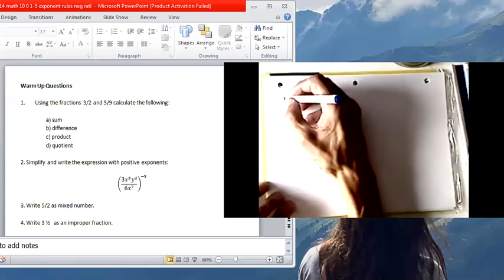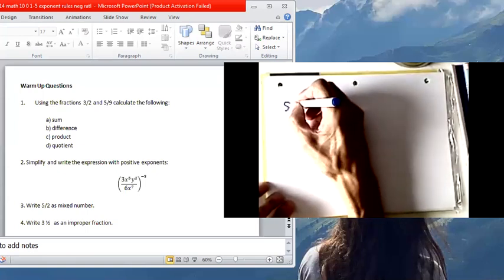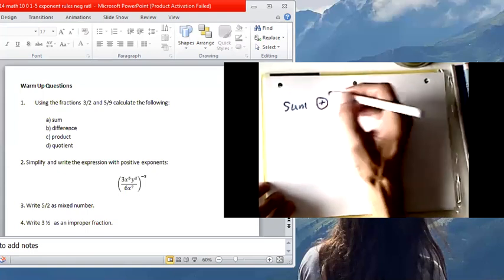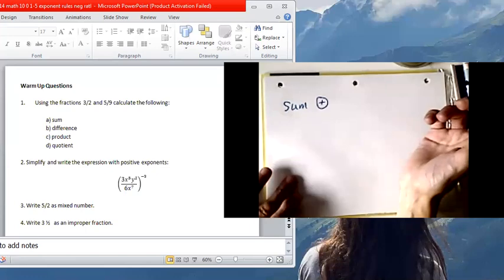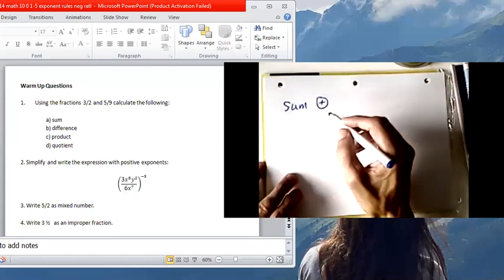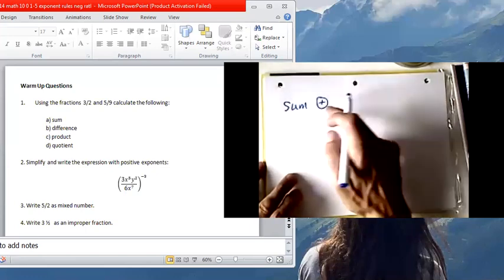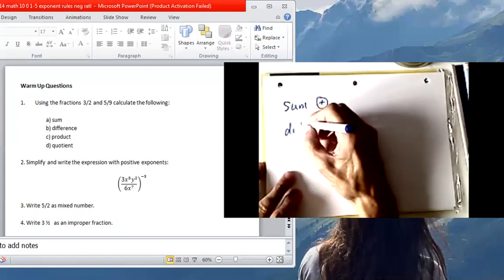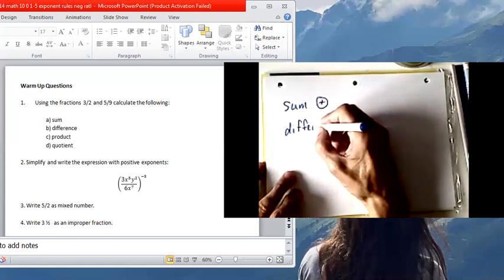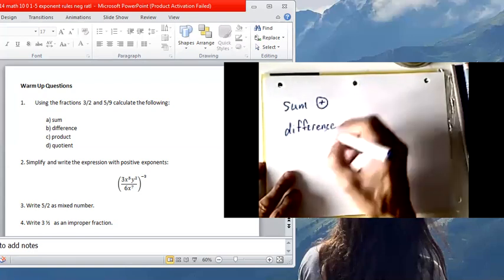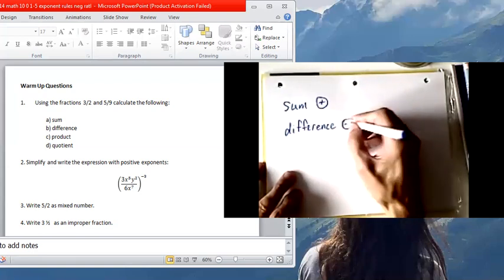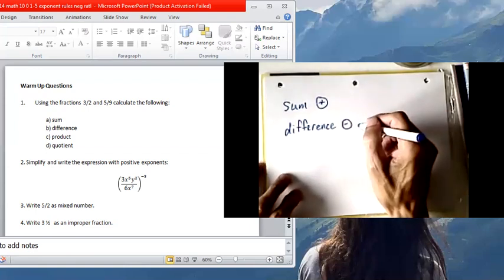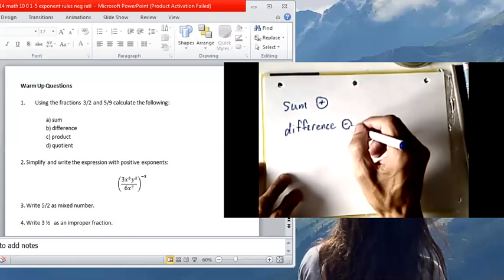But to help you out, the word sum, whenever you see that, it means you add things together. Sum is the answer from adding things up. Difference. This is the answer that you get from subtracting things from one another. Difference is from subtracting.